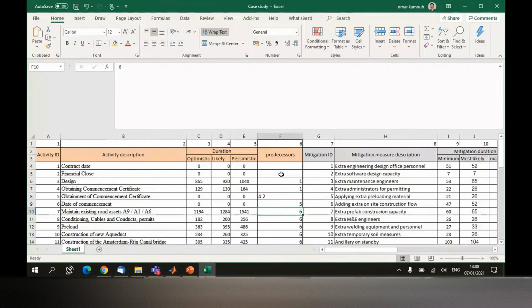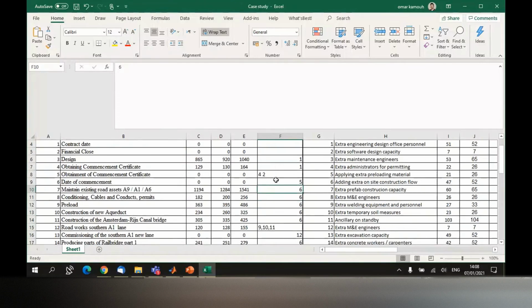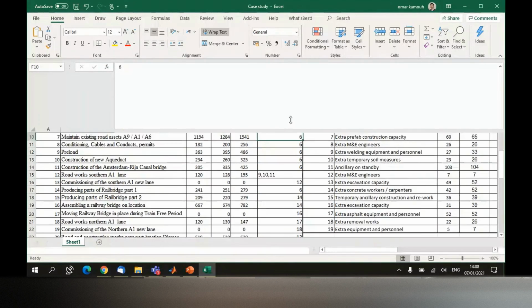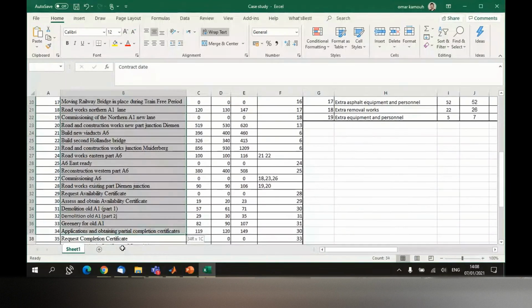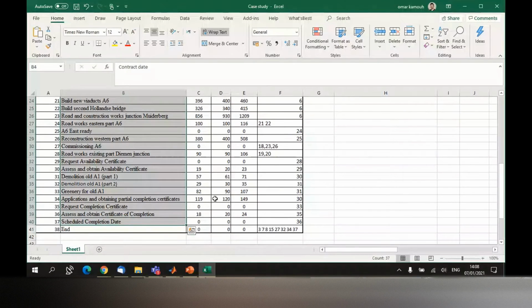And something important that you have to make sure of is that, in the list of activities that you obtain for your case, the last activity should be an end activity. So it's a dummy activity. It only connects the activities that do not have a successor. For example, activity number 37 is the last activity.